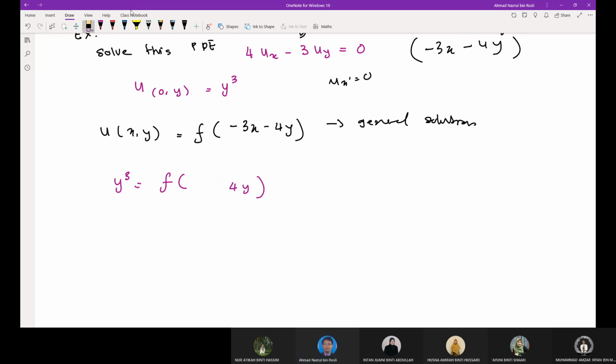Okay. Minus 4y. And then we put the value minus 4y is equal one of the parameter lah, yeah, w, and y is equal to w over minus 4 or minus w lah, senang. So we replace y with the minus w power of 3 over 4 power of 3 will be here 64.